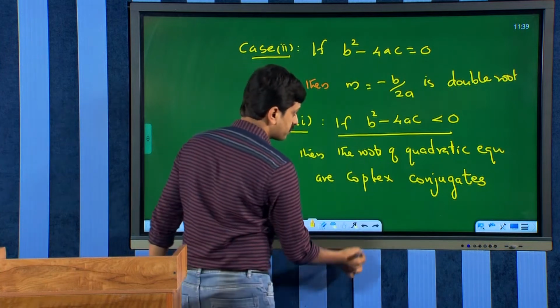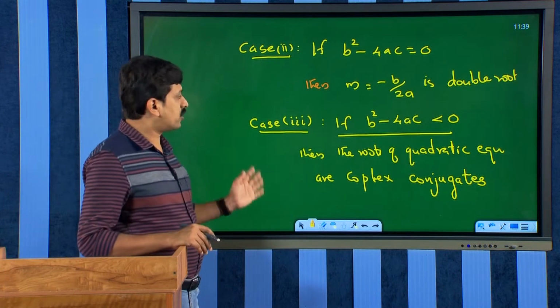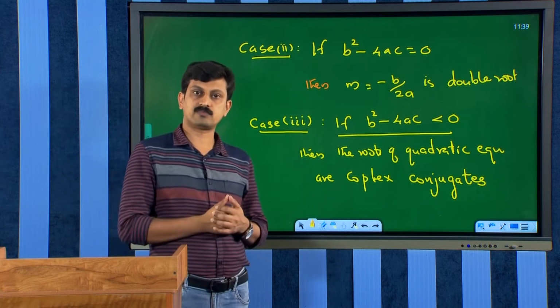Okay, fine. Complex conjugates. So we have three choices here.